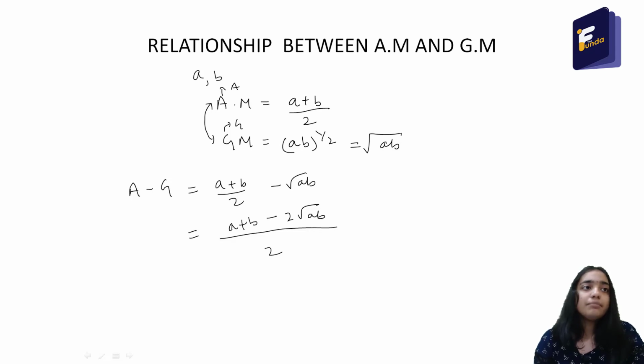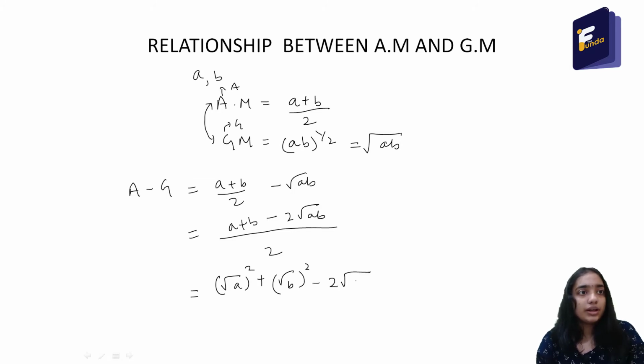Now a can be written as root a square, b can be written as root b square, and we write 2 root ab, the whole divided by 2.